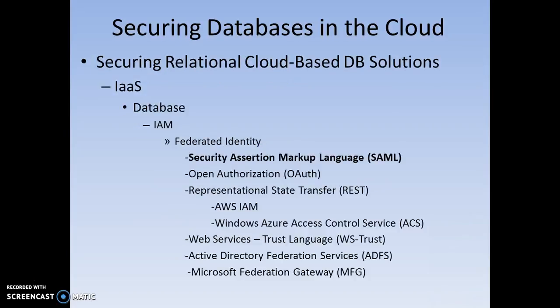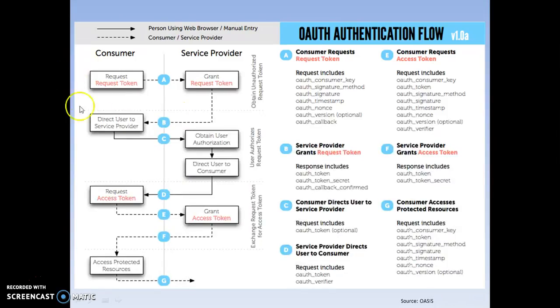Database as a service: federated identity, Security Assertion Markup Language, open authentication, representational state transfer, and web services trust language, Active Directory Federation, Microsoft Federation Gateway, etc. This is the OAuth authentication flow. With one single sign-on, we can log in to multiple resources. The authentication we will check from that OAuth. It's like open authentication and access many things.